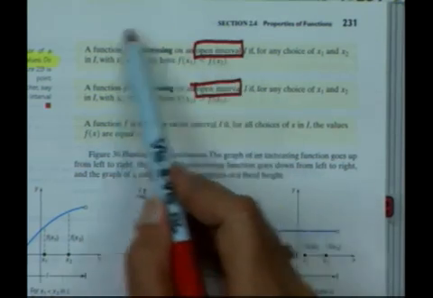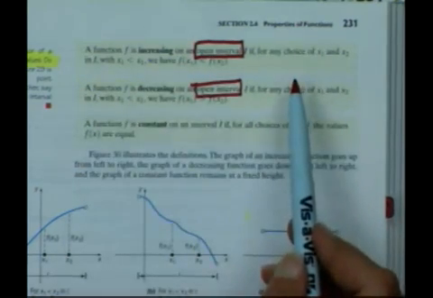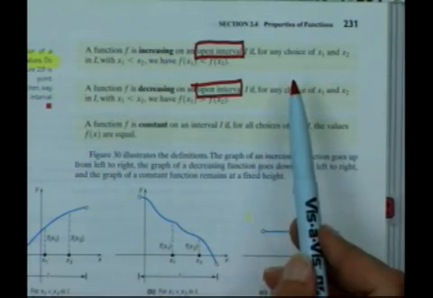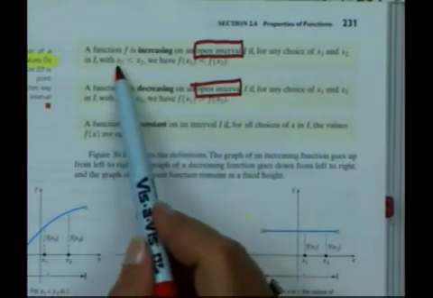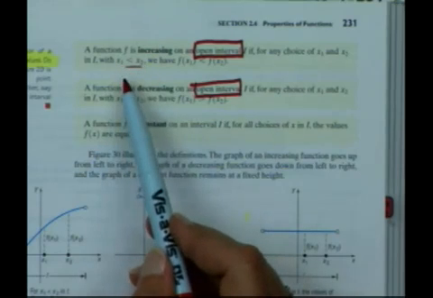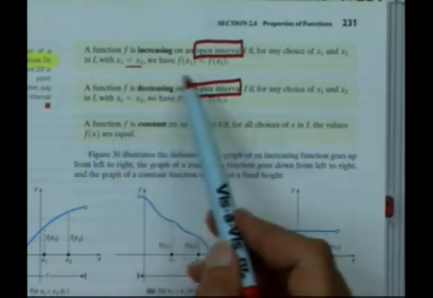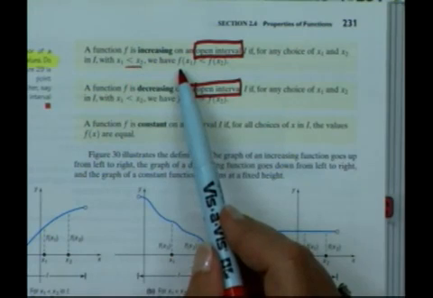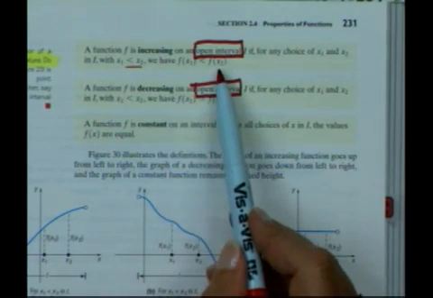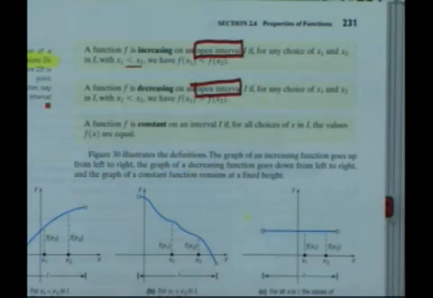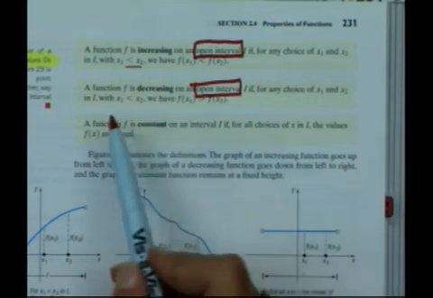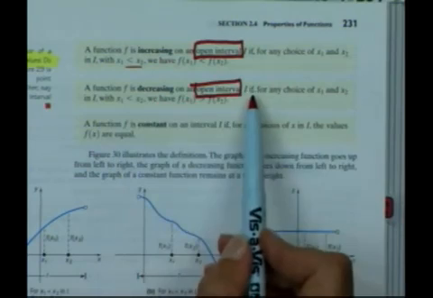Do you see how the definition looks hard, but all it's saying is, as the x values increase, x1 is less than x2, the y values increase. The value at x1 is less than the value at x2. Okay, everybody see it? And the function decreases on the open interval.